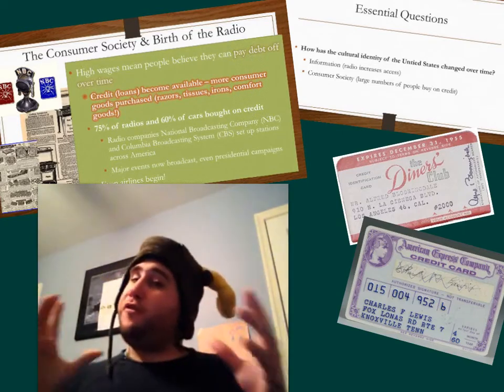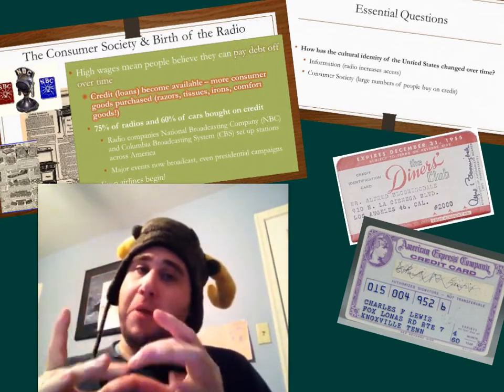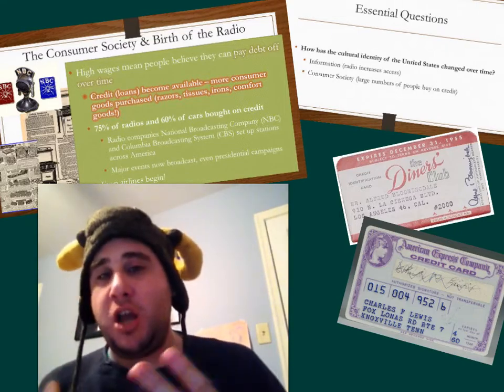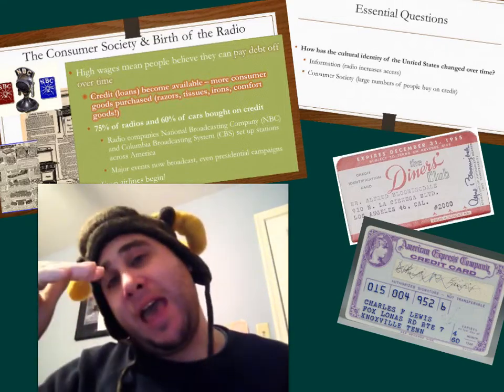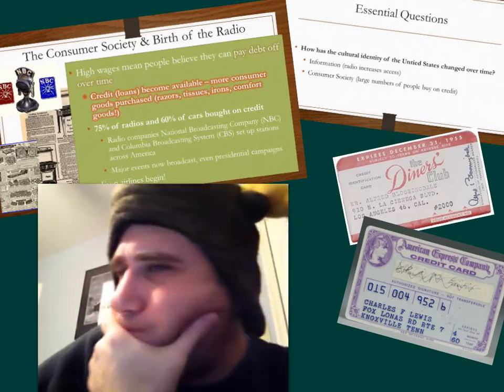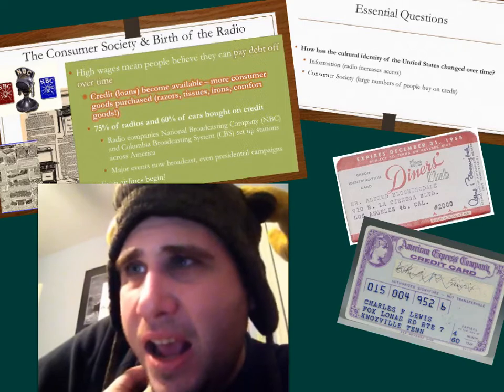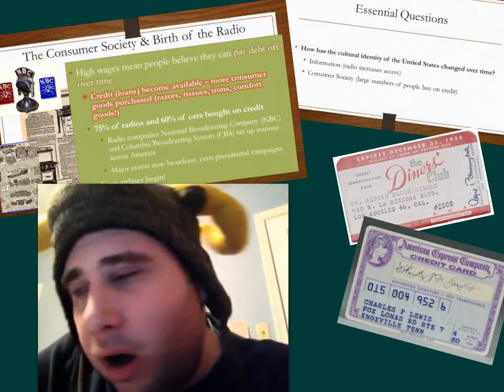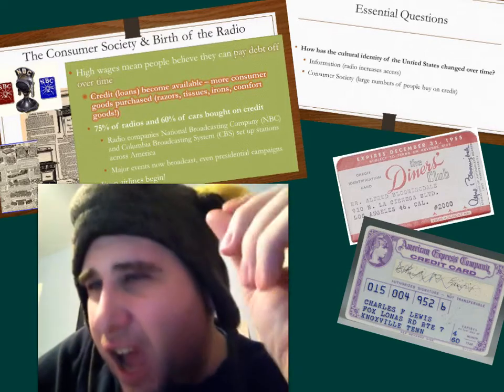Before, you'd have such small amounts of money that you didn't buy things unless you actually had the cash. With the increased pay, Americans begin to think to themselves, hey, wait a minute, I think I can buy that computer or that couch or that car. I think I can do that over time. I don't think I need to have all the cash up front.